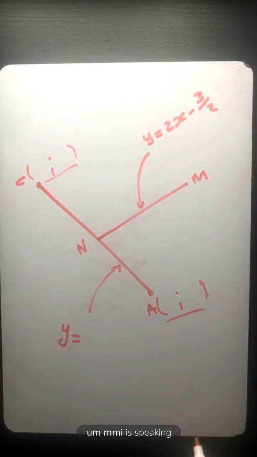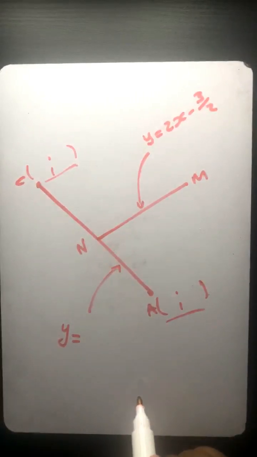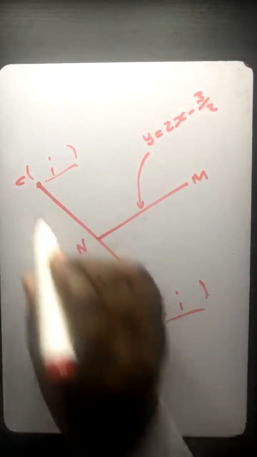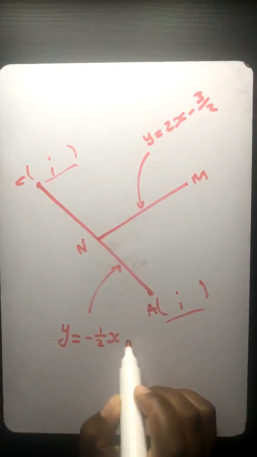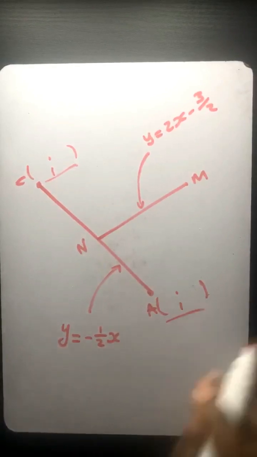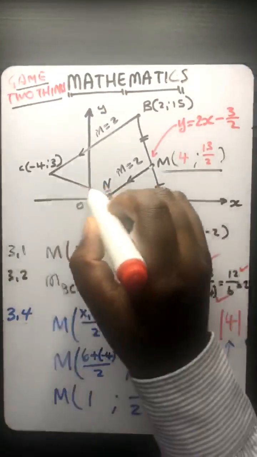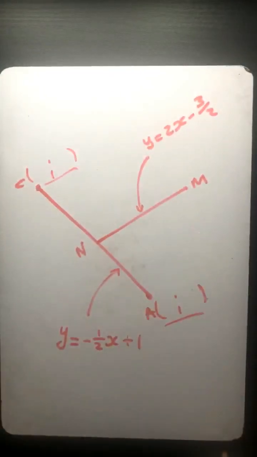Yes. 100%. Let me just give an example. Let's say the gradient of AC, let's say maybe it's negative 1 over 2. And then maybe, let's say the C value for that line is 1.